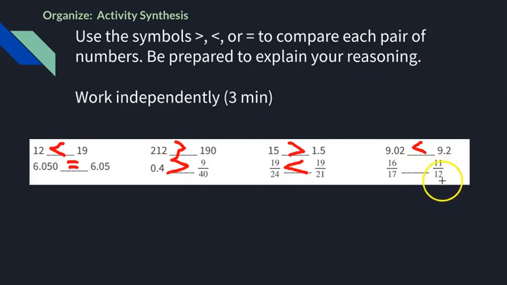And what about this final one? Yeah, you don't have to do any converting here. It is a larger than, or greater than, excuse me, because 16 seventeenths is a lot closer to 1 than 11 twelfths. You're talking about 17 pieces, 16 out of those 17 pieces, whereas 11 twelfths, 11 out of 12.